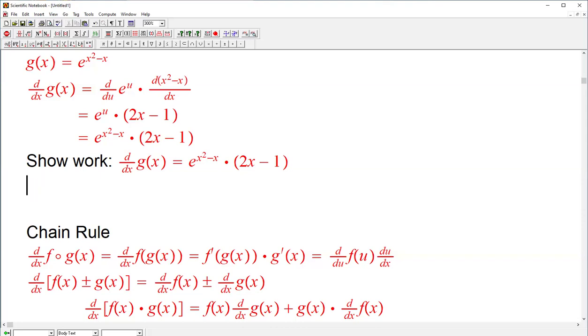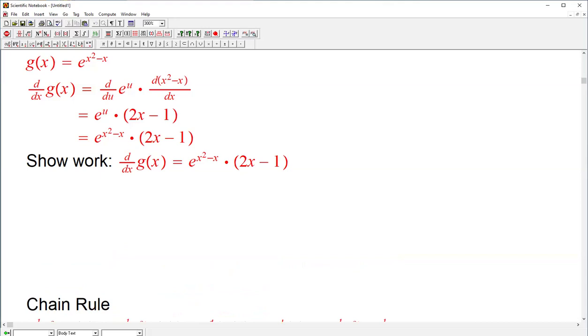g of x equals x squared plus 1 to the power 3, multiplied by x squared plus 2 to the power of 6.